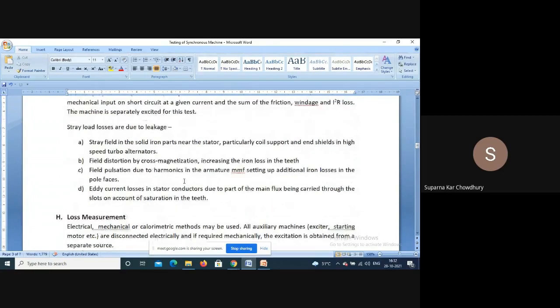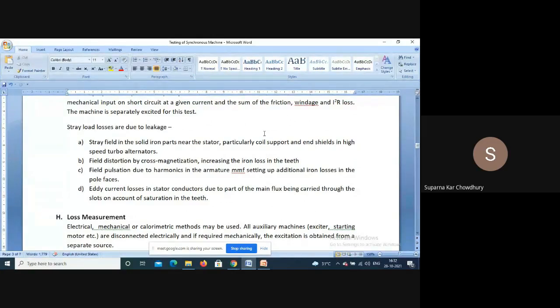Now, stray load losses are due to stray field in the solid iron parts near the stator, particularly the coil support and the end shield. Then field distortion due to cross magnetization.